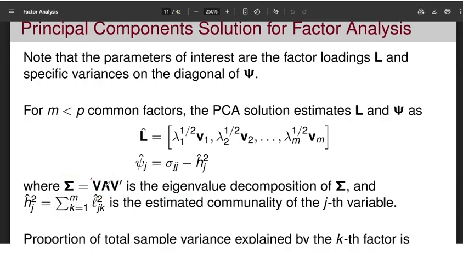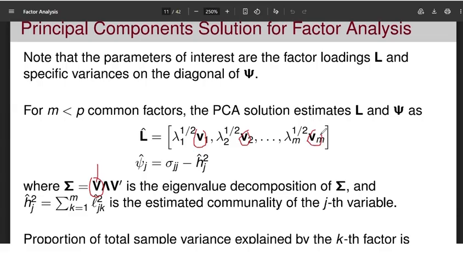We're looking for this guy, the eigenvector. I need the eigenvector because it's going to serve as my loading. Here I'm going to have V1, V2, and so on. These are my eigenvectors.